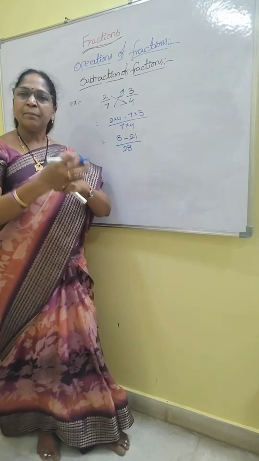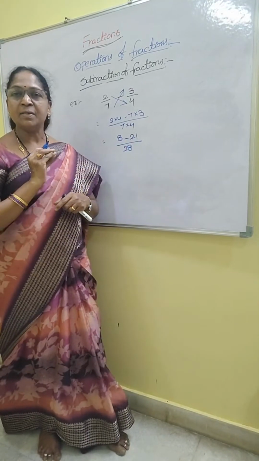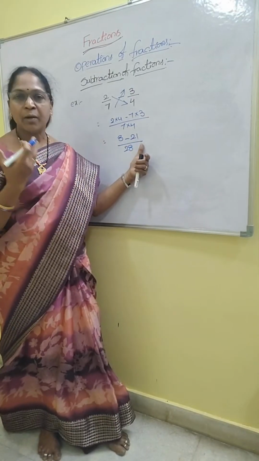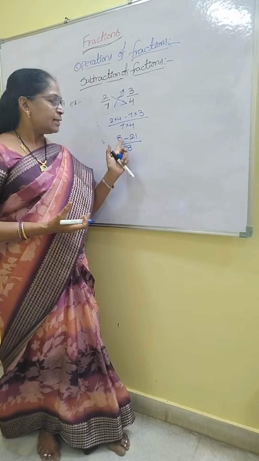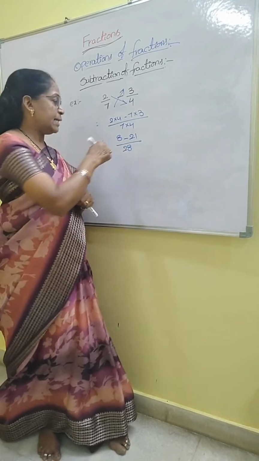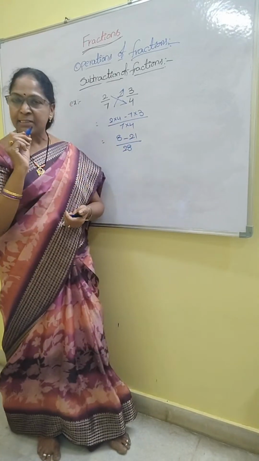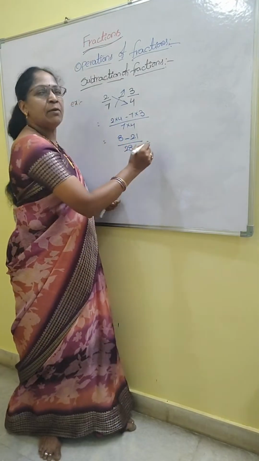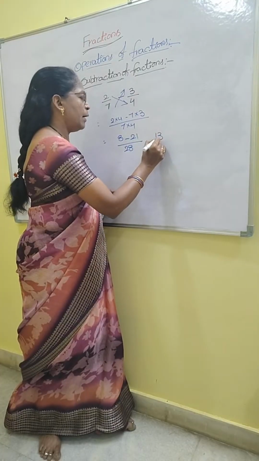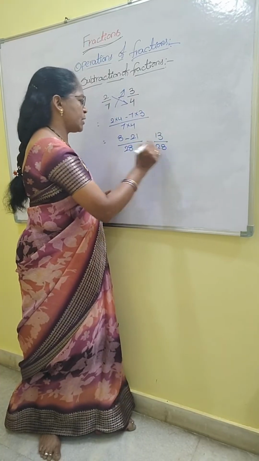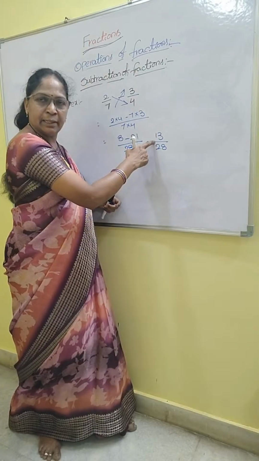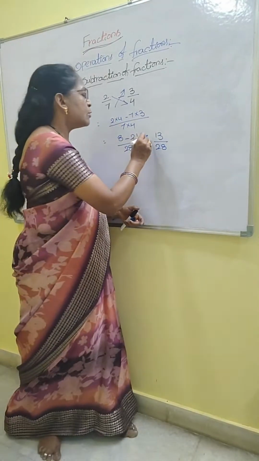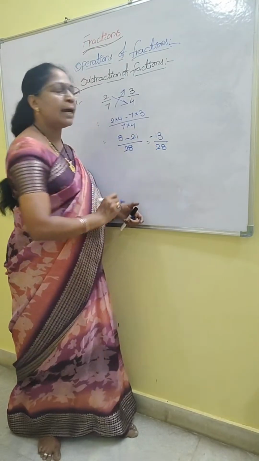So from the big number, always subtract the small number, write the number you get as the answer, and whatever the symbol is in front of the big number, that symbol you should write. See now, 21 minus 8 equals how much? 13 divided by 28. 21 minus 8 equals 13, but 21 has a negative symbol, so you also write minus.